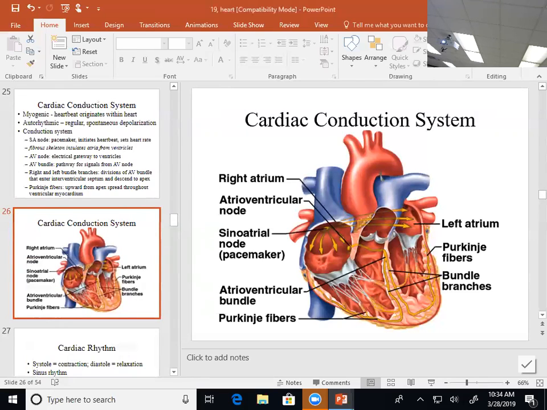I just can't snap any faster than that. So this little group of cells that's referred to as the SA node, the sinoatrial node, is the pacemaker of the heart because it's sending out an electrical fire at a very rhythmic rate.